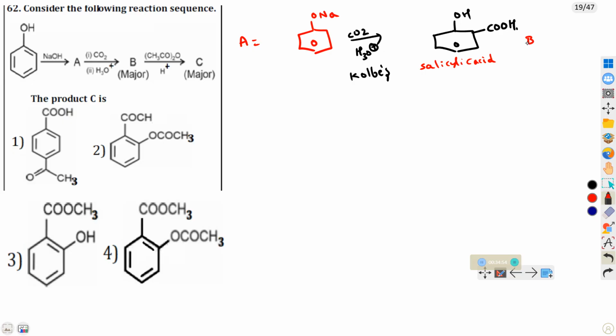This is B. Now B reacts with the acid anhydride (CH3CO)2O.